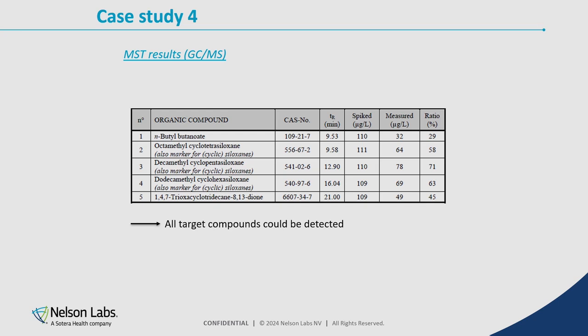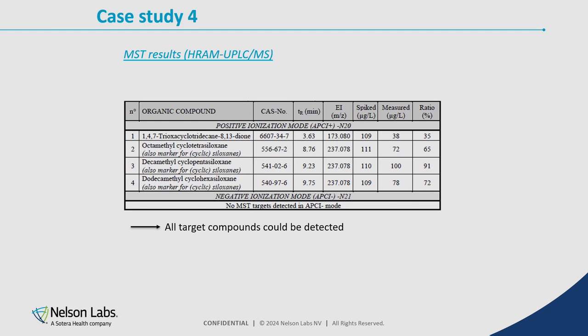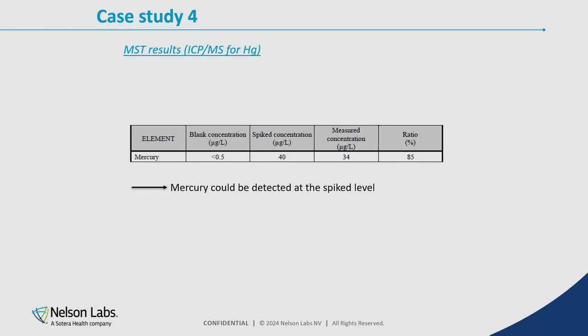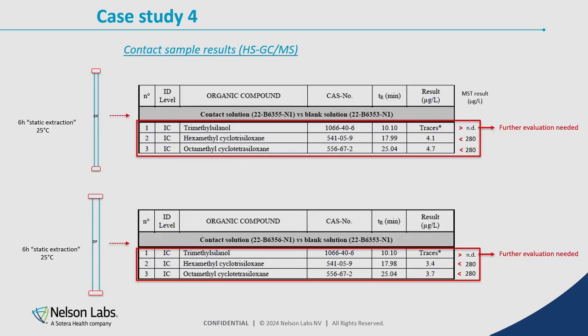For GCMS as well as for LCMS, all target compounds could be detected. Then for ICP, same results. We were able to measure all metals in the environment of our drug product. For mercury, which we monitor with a separate ICP technique, we were also able to detect it in the drug product.